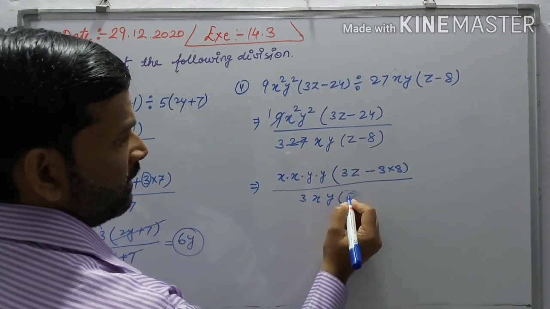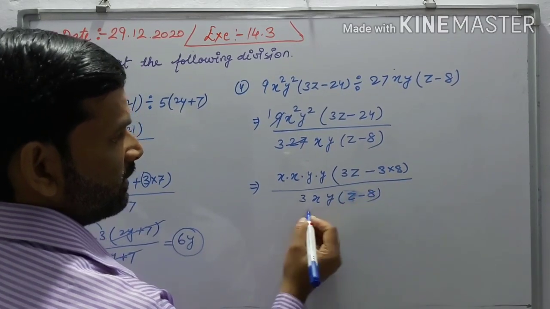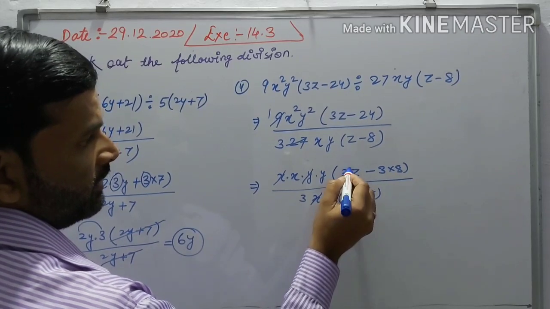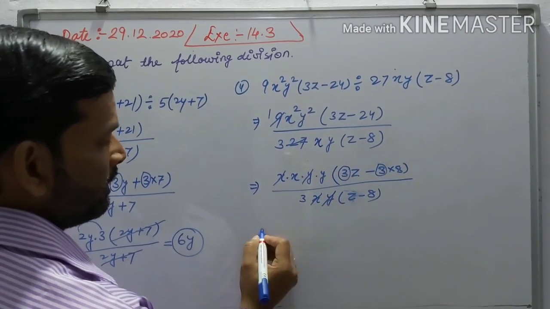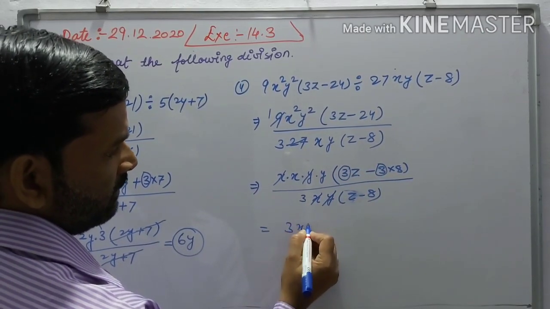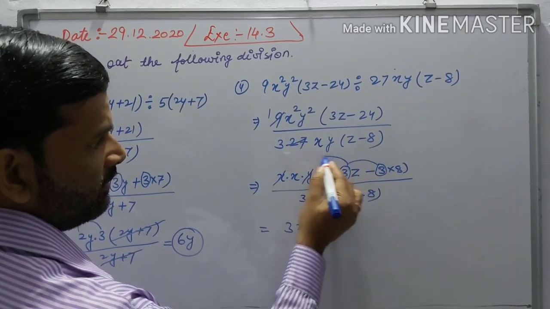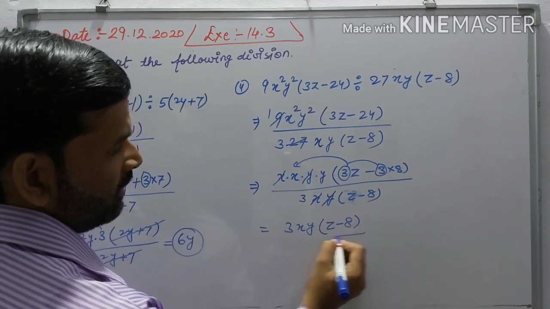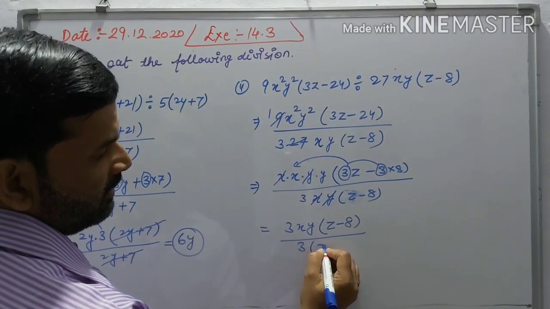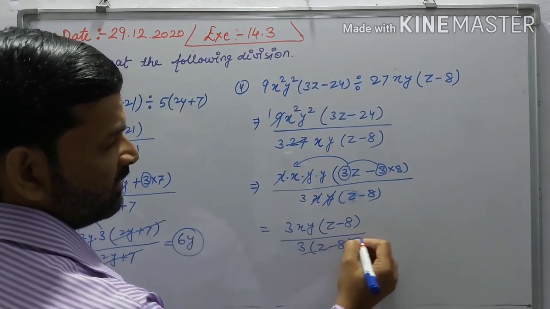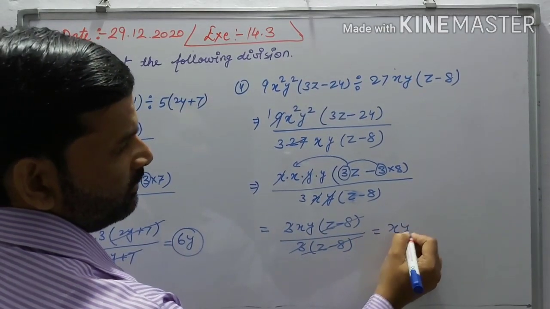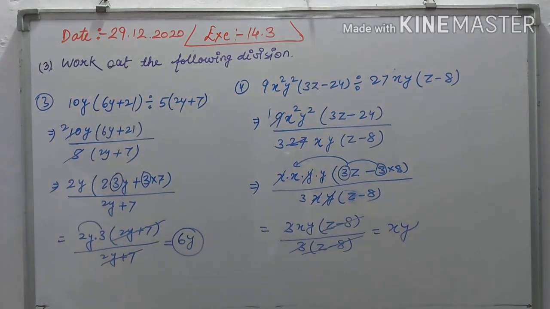The x cancels, y cancels, and 3 will be a common term, so you write 3xy. Now z minus 8 upon 3 times (z minus 8): z minus 8 cancels, 3 also cancels. The answer is x into y. Okay, now this question is complete.